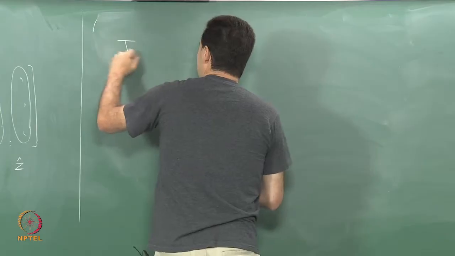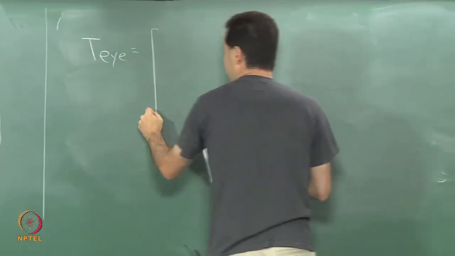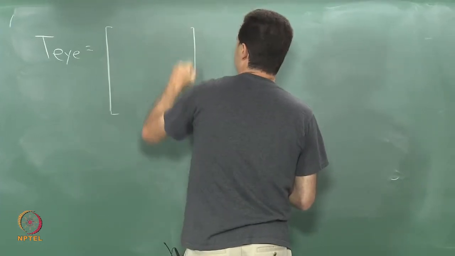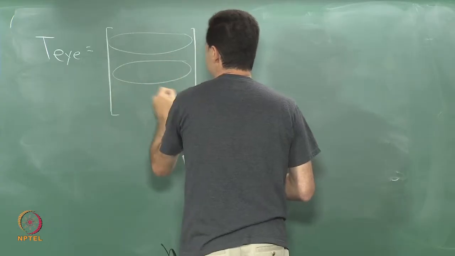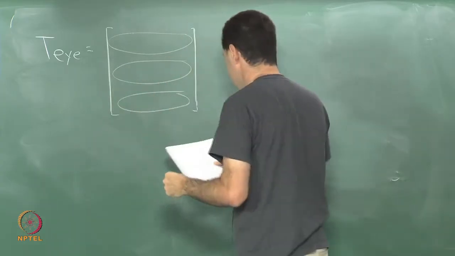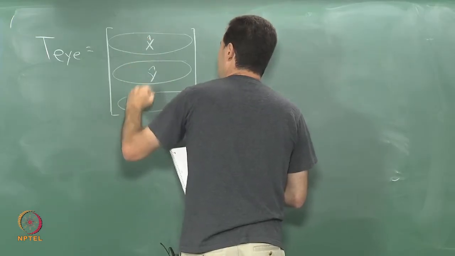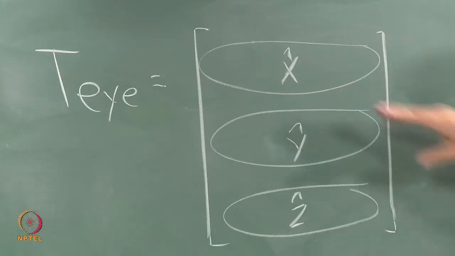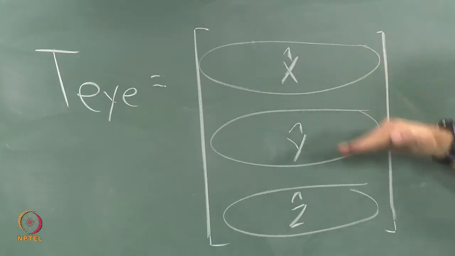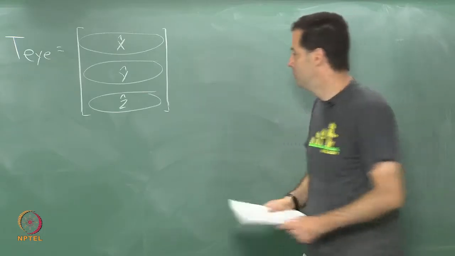So Ti is equal to... I need to have as the columns x hat, y hat, and z hat. Sorry, I need to have as the rows. I said columns, that was wrong. I need to have as the rows x hat, y hat, z hat, because I'm performing the inverse transform.